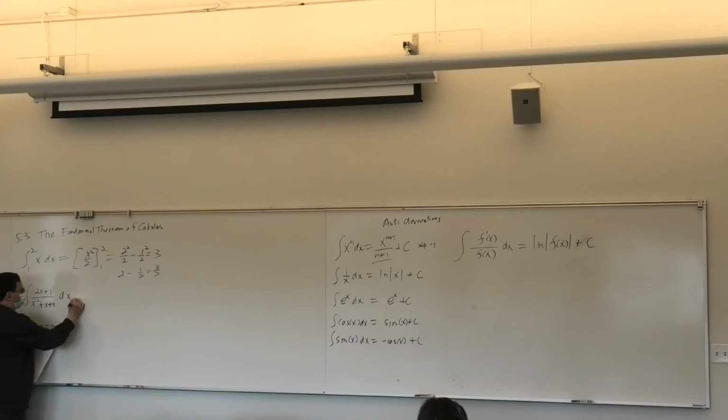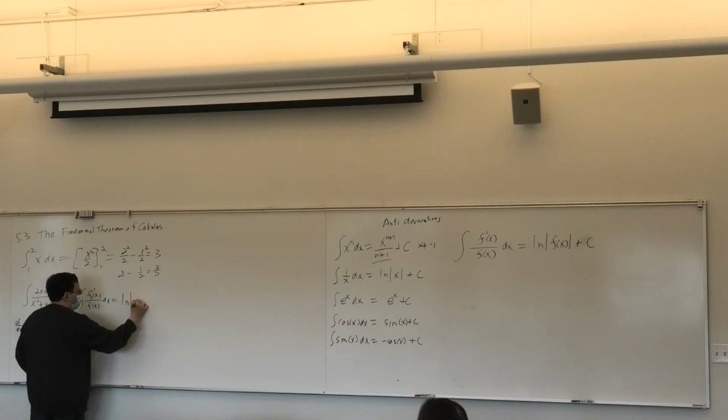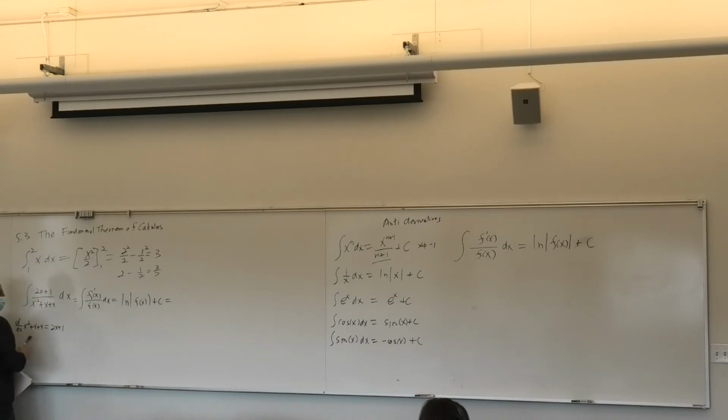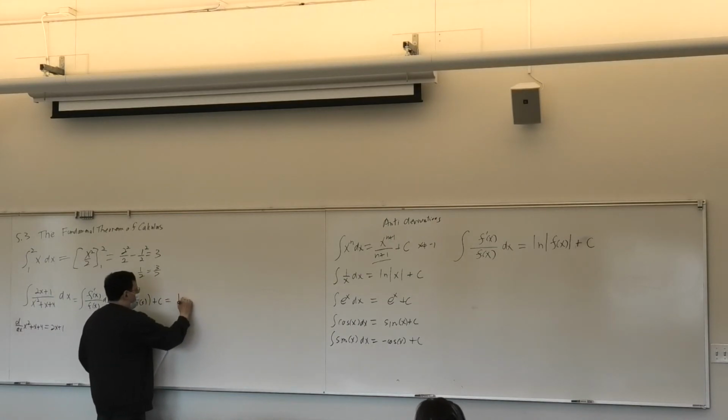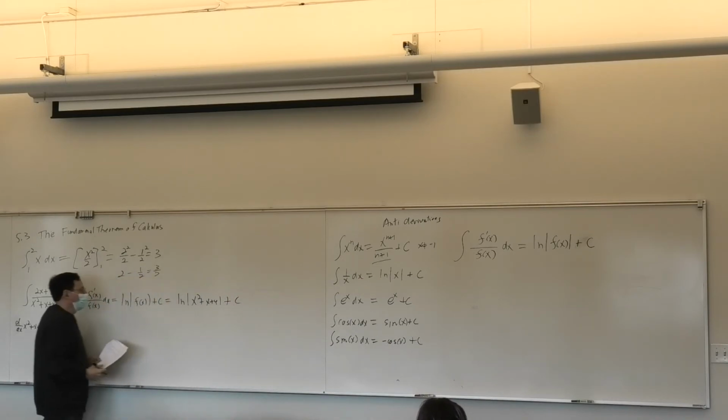This just becomes f prime of x over f of x. So it just becomes the log of f of x. But what's f of x? It's x squared plus x plus 4 plus a constant.